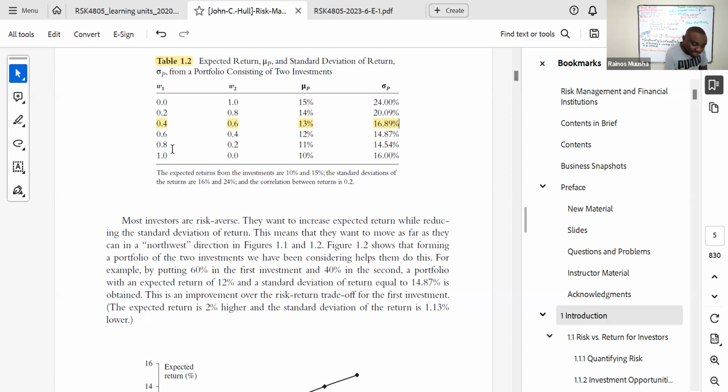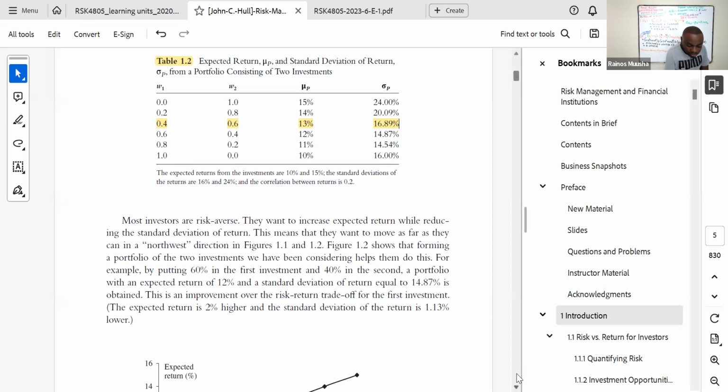And if you choose to invest 80% in asset 1 and 20% in asset 2, the expected return of the portfolio will be 11%, and the standard deviation of that portfolio would be 14.54%. Then if you choose to invest 100% in asset 1 and 0 in asset 2, the expected return of the portfolio will be 20%, and the standard deviation of the portfolio would be 16%.